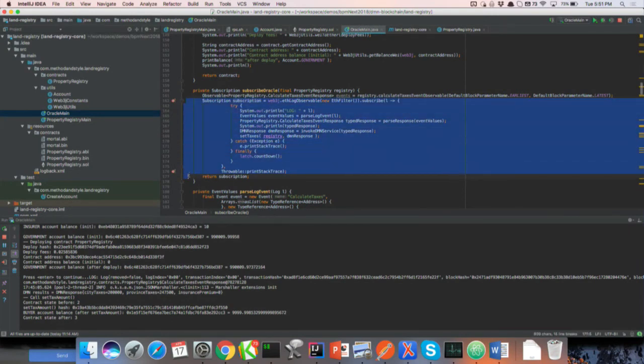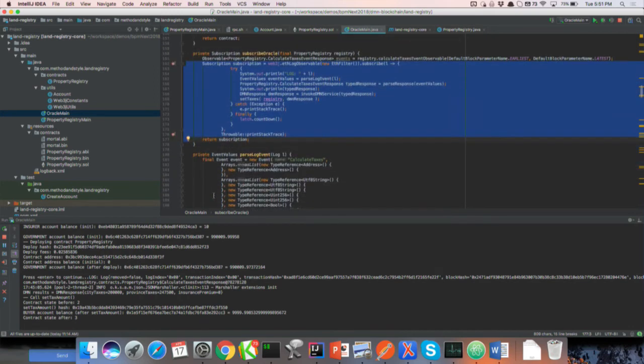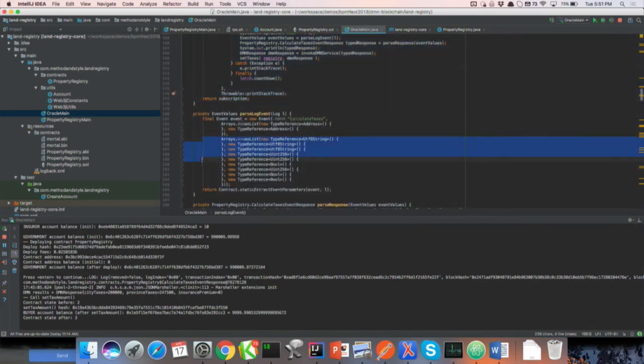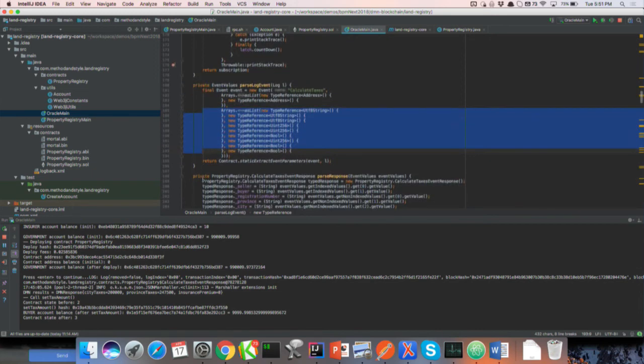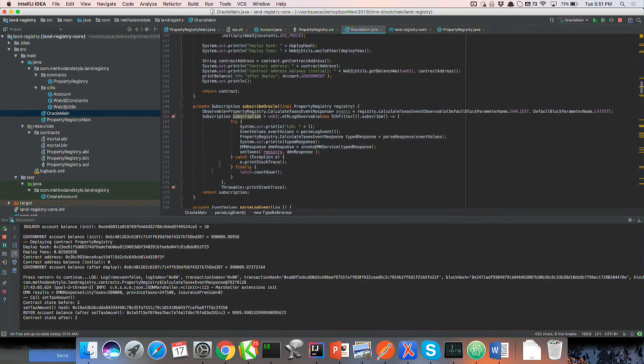Of course, I have some helper methods there, but basically what it does is it receives an event, so it parses that event, and then with the values that it parsed, it will invoke the DMN service. It will parse the response into a better type, and then based on the DMN service, it invokes the contract back. So it's very simple.